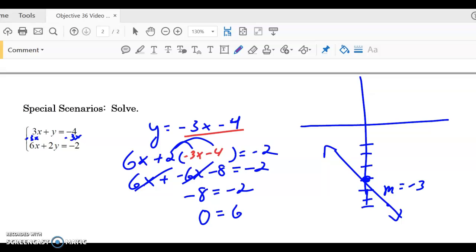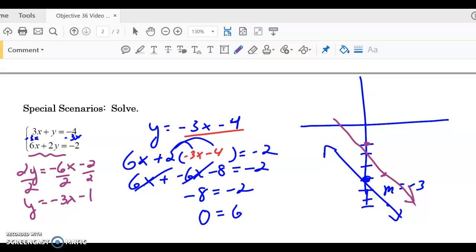If we take the second equation and very quickly isolate the y variable, so we basically put it in slope-intercept form, we get y equals negative 3x minus 1. So that would be negative 1, down 1, 2, 3, right 1. No, the drawing's not to scale, not perfect. This also has a slope of negative 3. These lines are parallel, they'll never intersect.